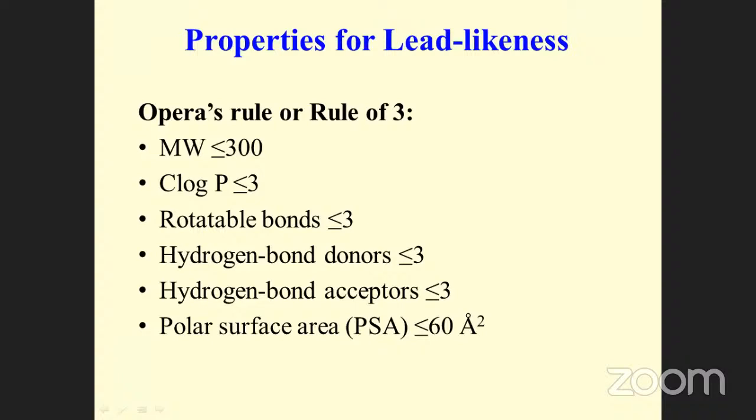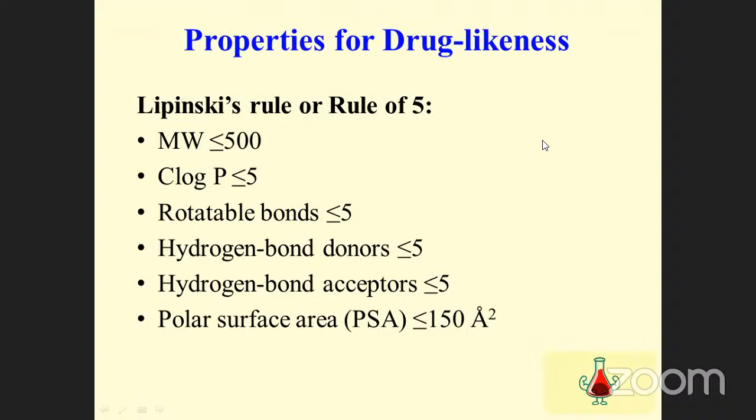Now you start with a molecule and then definitely you have to stop somewhere, the upper boundary. For the upper boundary, we have another rule by another scientist, called Lipinski's rule of 5. Next, please. What is this Lipinski's rule of 5? We call it properties for drug likeness. Earlier was lead likeness, and this one is drug likeness.